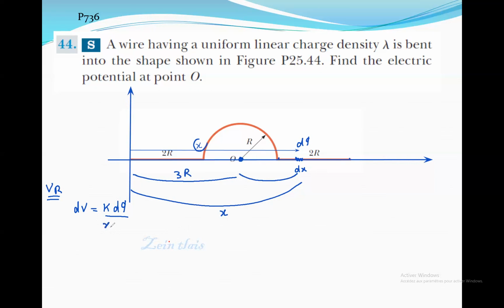So we have x minus 3r as the distance from the point to dq.